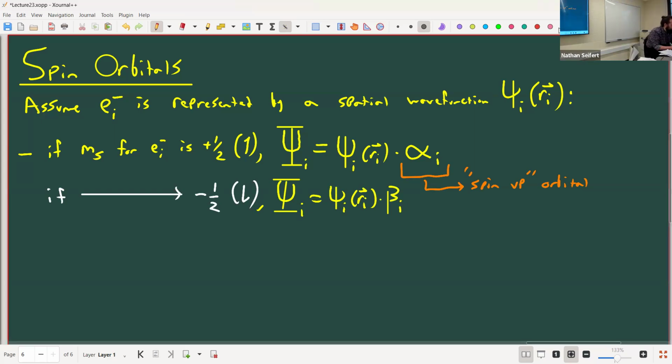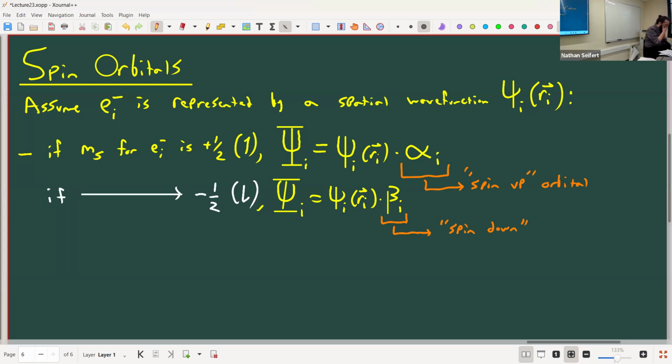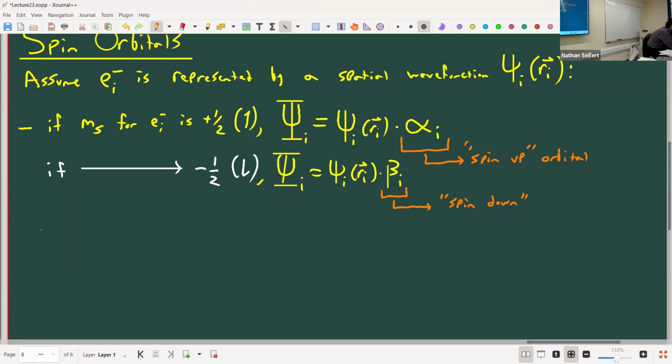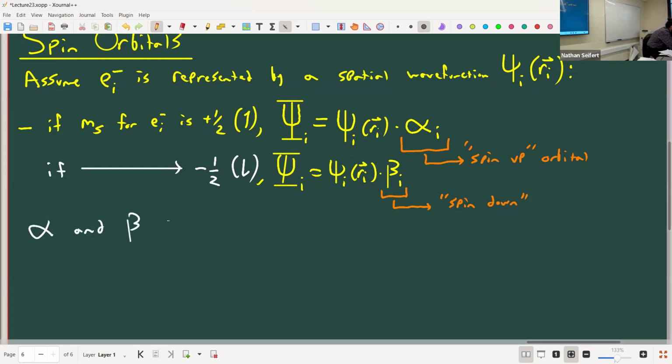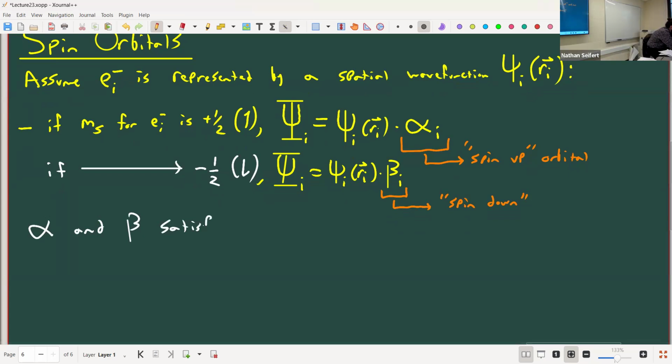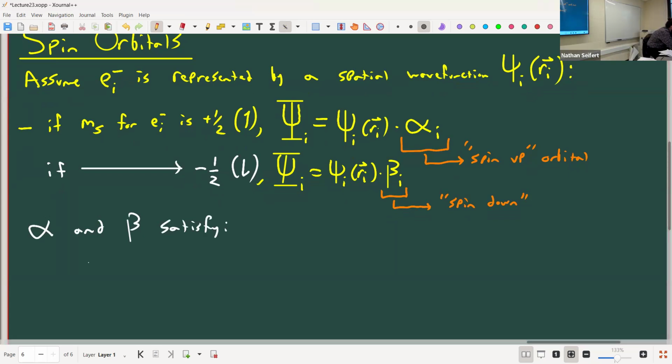Beta is just a label for spin down. And alpha and beta satisfy two properties.